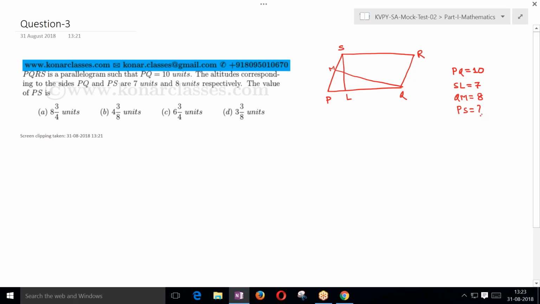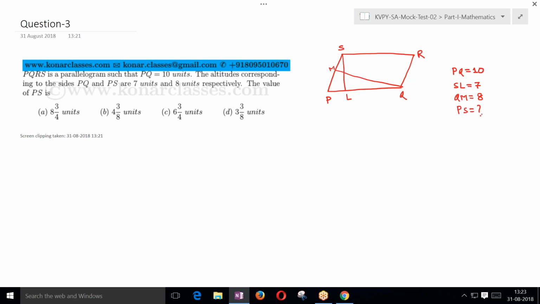Apparently it looks like, how to approach? This is a fundamental question, from our knowledge of previous classes, in class 9th or 10th standard. But KVPY is all about asking those fundamental questions and how you are going to apply them to solve it. So how to do this?